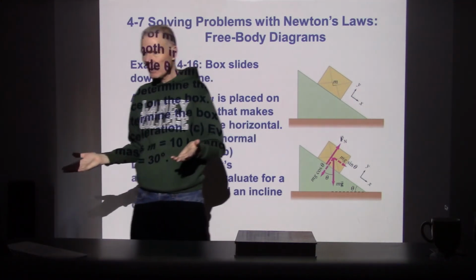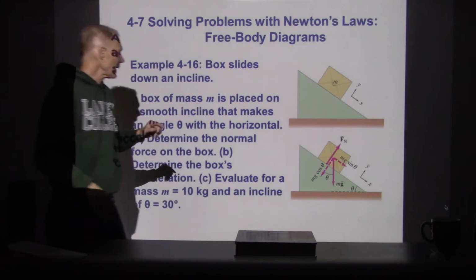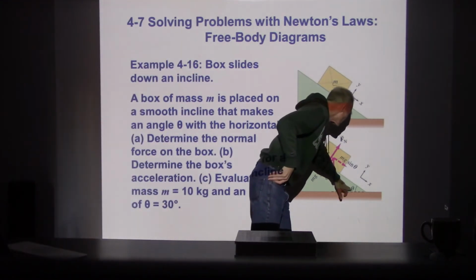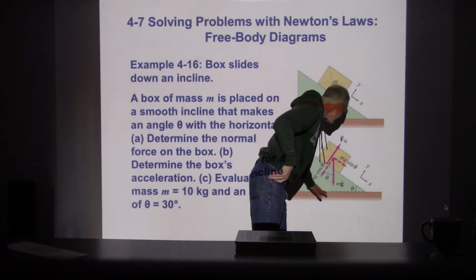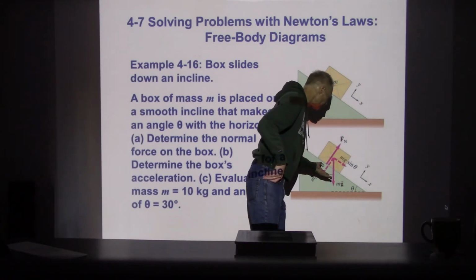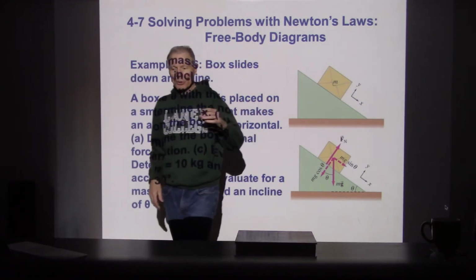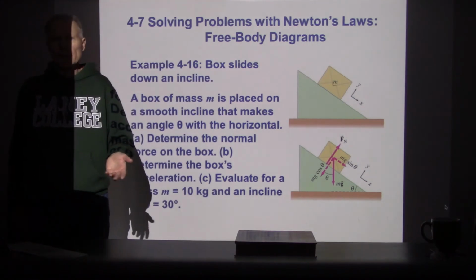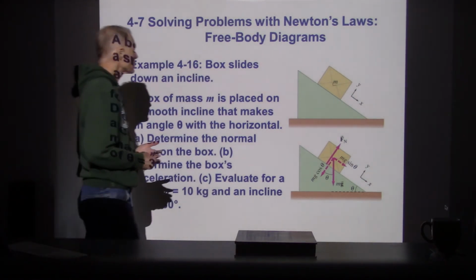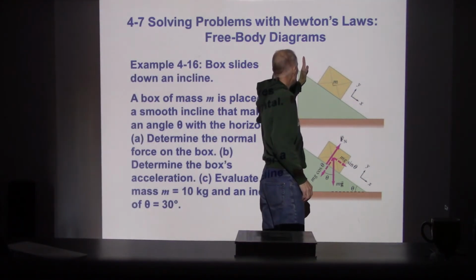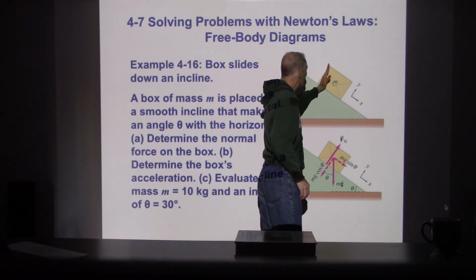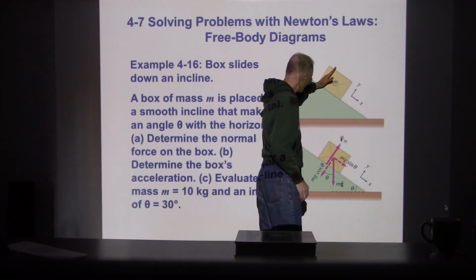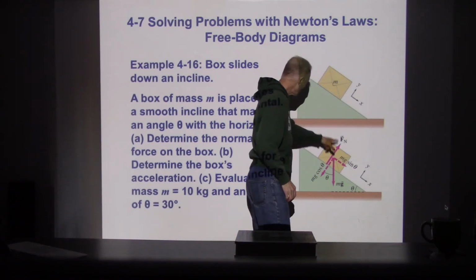The incline angle is defined relative to the horizontal axis. So theta equals 0 would be level; theta equal to 30 degrees or 40 degrees, that's an incline. And so the normal force, which used to be vertical, is going to tip by that same angle.